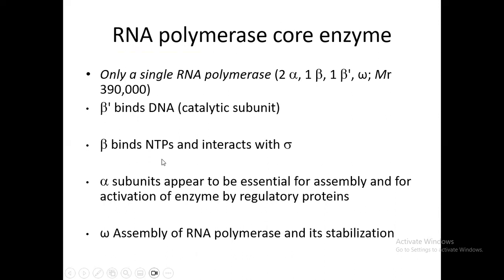The beta subunit binds dNTPs and also interacts with the sigma subunit, which is the 6th subunit of RNA polymerase. The alpha subunits appear to be essential for assembly and for activation of the enzyme by regulatory proteins. And the omega subunit is important for assembly of RNA polymerase and its stabilization.